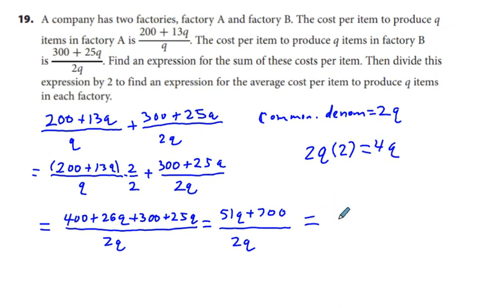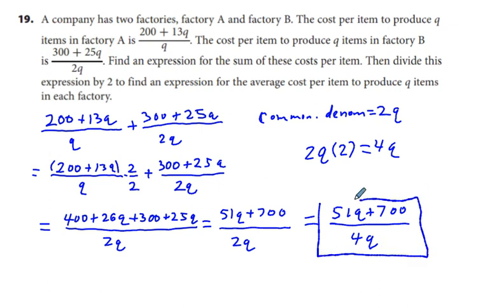So our final answer is going to be (51Q + 700) divided by 4Q. And that, my friends, ladies and gentlemen of Algebra 2, is our answer.